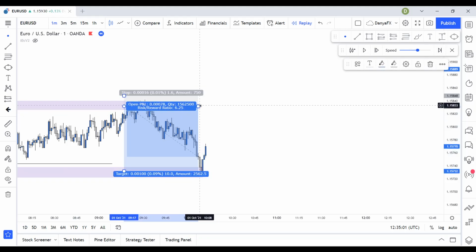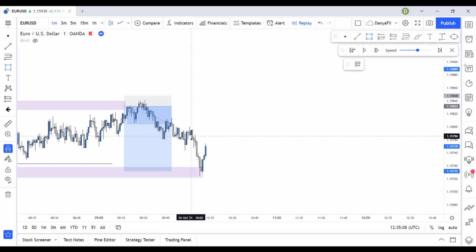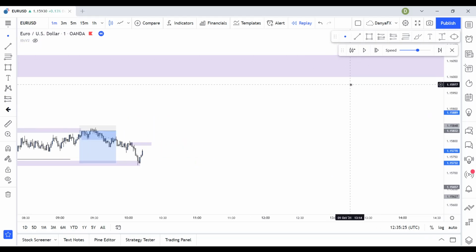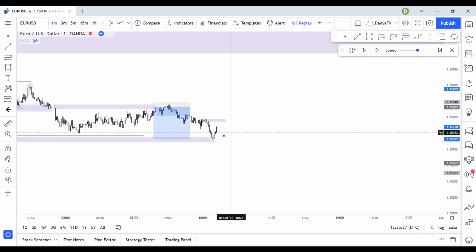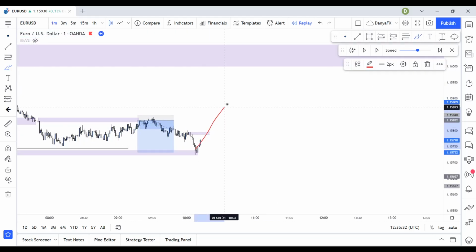And at this point, I was not looking for scaling or for further sells, because even though we have this supply, I don't really look for sales from here, just because what we're trying to do is we're trying to trade into this area, so we're kind of bullish.